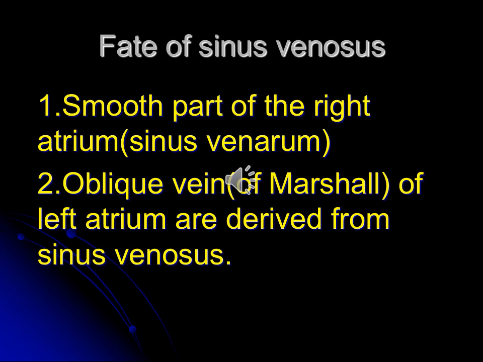So basically all the chambers of the heart in the adults will have a rough portion and a smooth portion. The rough portions represent the original heart tube chambers, and the smooth portions indicate that some structure is absorbed.